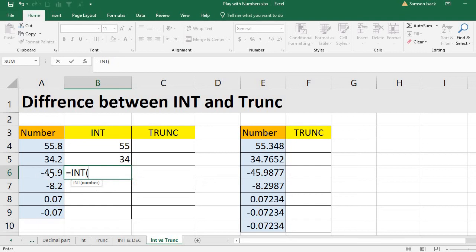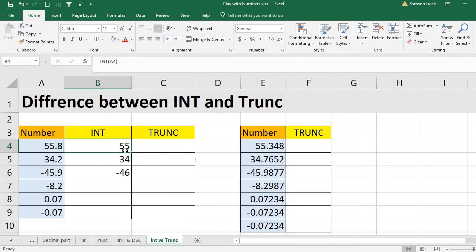INT of minus 45.9, what happens? You see it gives minus 46, not minus 45. It is not purely the integer part of the number. What it is doing is going down to the nearest integer.